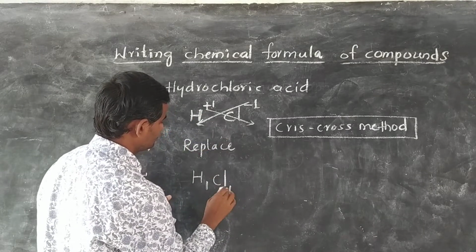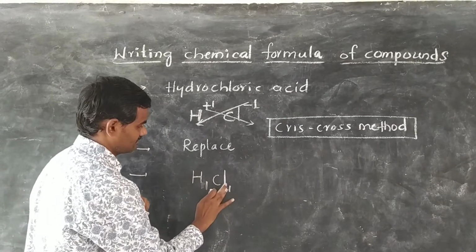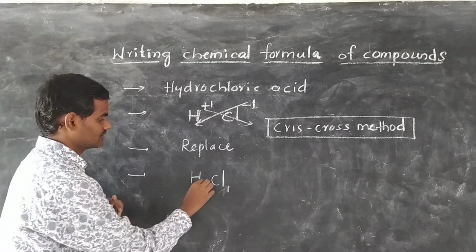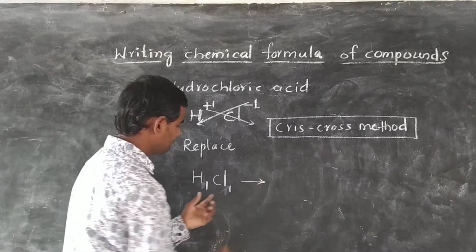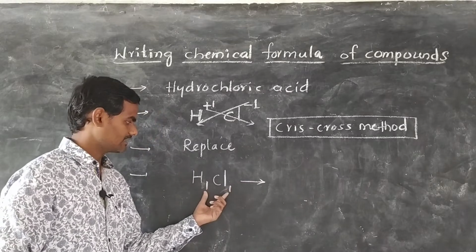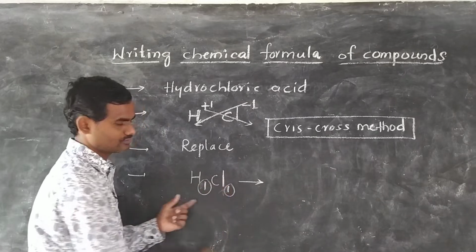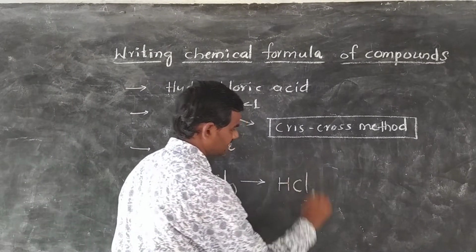This is plus 1, this is minus 1, but we ignore these symbols. So we write H1Cl1. If any atom has 1 as a subscript, we can ignore it, and we write the formula as HCl.